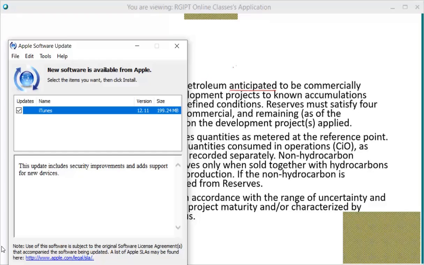Now, let's say you do this today, and you have a reserve which you are calculating based on certain oil and gas price. Today that is commercial, but let's say tomorrow oil price goes down.